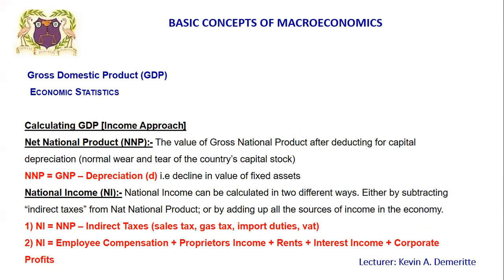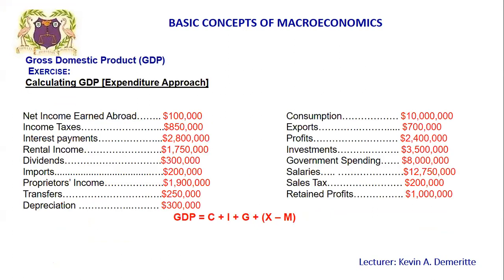All right, so let's see. In our table, you see the third item down, interest payment, so that would count. Rental income, that would count. Dividends, that would count. Proprietor's income, that would count.